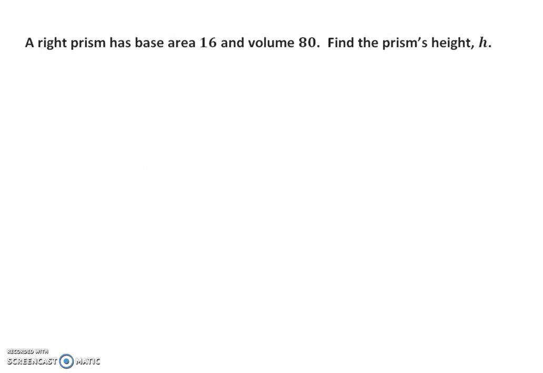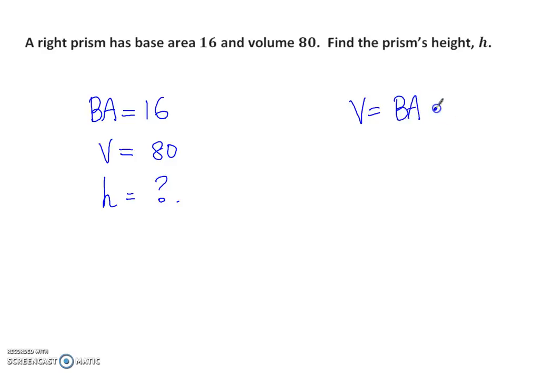Next question. A right prism has the base area 16 and volume 80. So the base area is given to be 16 and volume is given to be 80. We have to find the prism's height. H is what's missing. We know that volume is base area times height. That's the formula for volume.